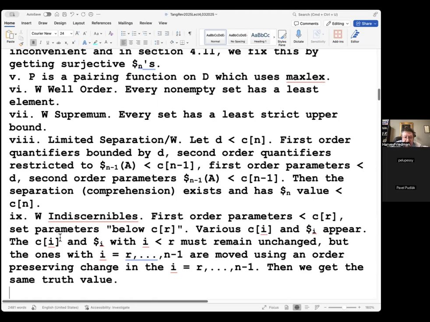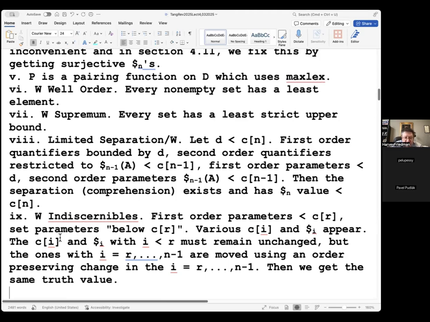And the first order parameters are less than D, and the second order parameters are sets A captured below C n minus 1.